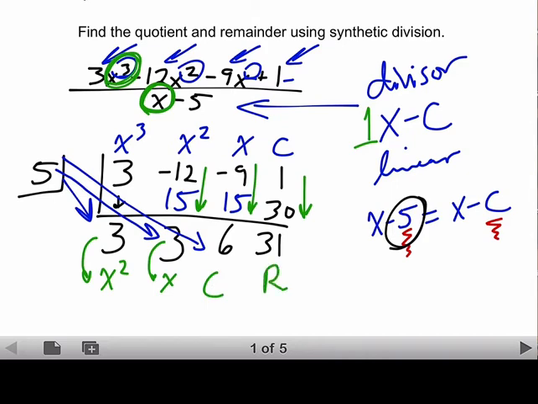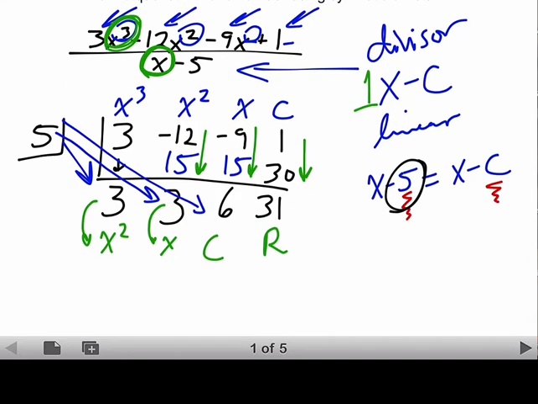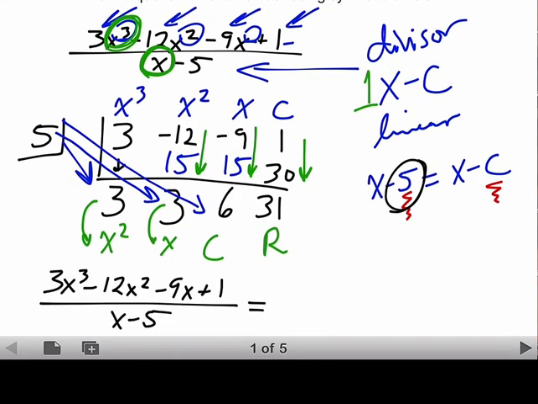we were dividing, is our remainder. In other words, what we just found is that 3x cubed minus 12x squared minus 9x plus 1 divided by x minus 5 is equal to 3x squared plus 3x plus 6.